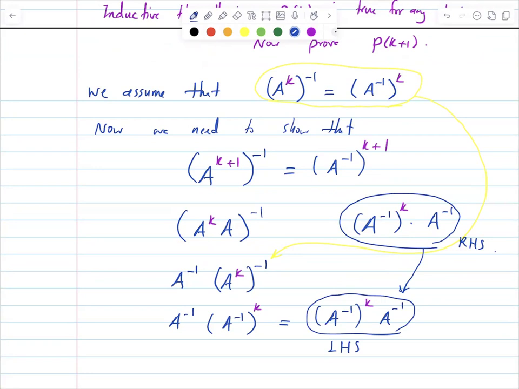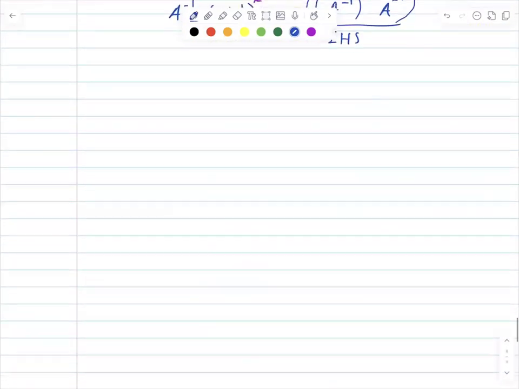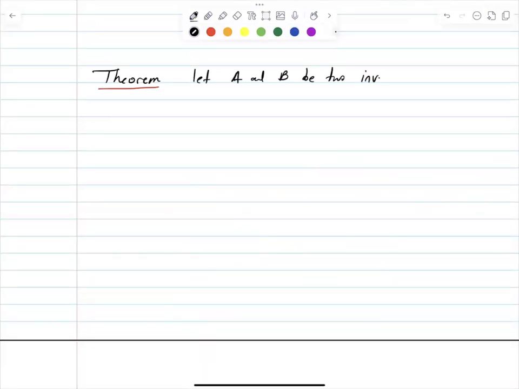Okay, now let me show you how to show that the inverse of AB is equal to the inverse of B times the inverse of A. We have a nice theorem here. In this theorem, let A and B be two invertible or non-singular matrices of order n.